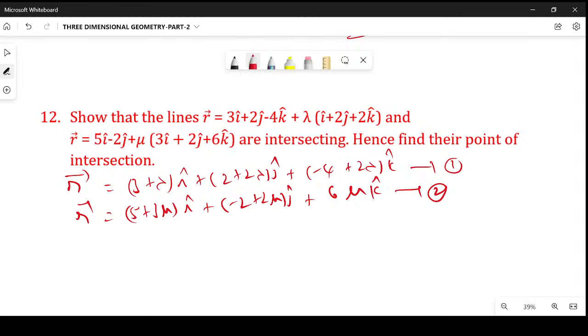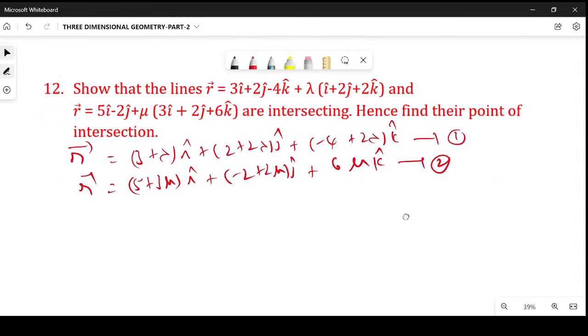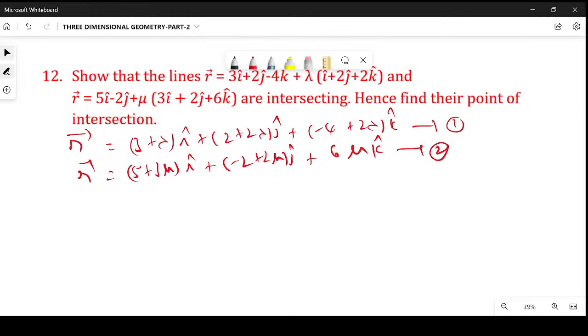If these lines intersect, they must have one common point.